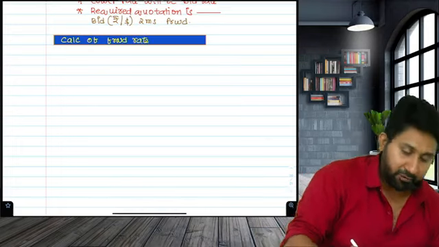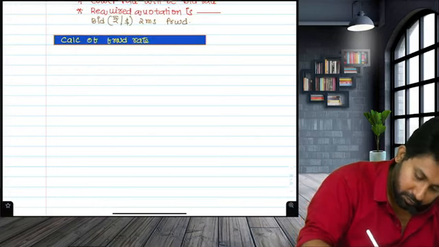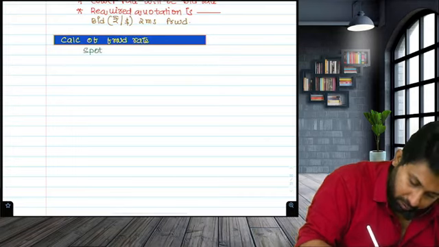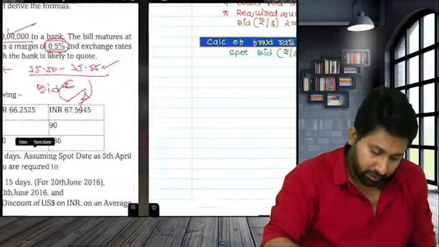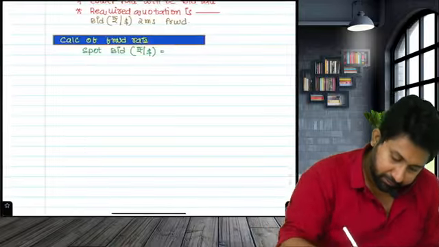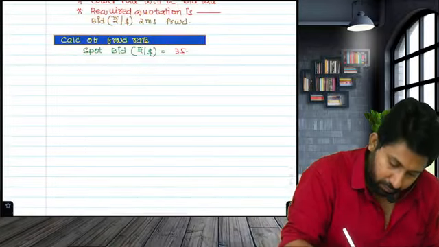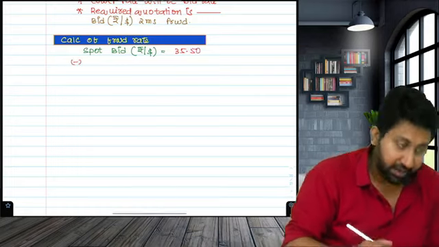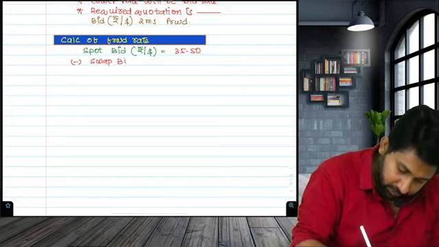Spot bid of rupee by dollar is how much? 35.50, minus swap bid.